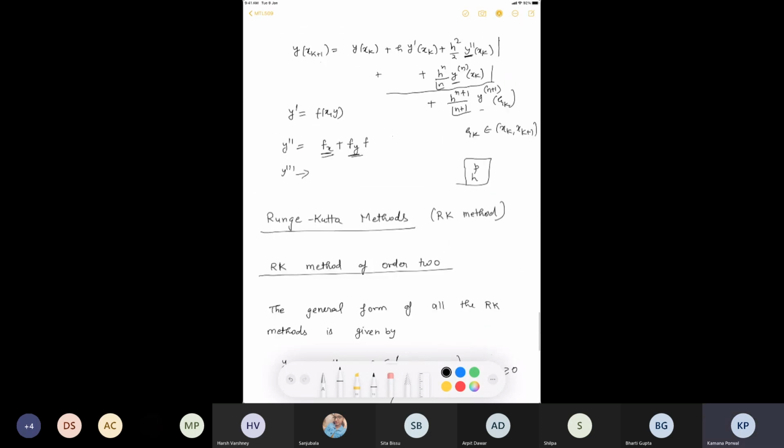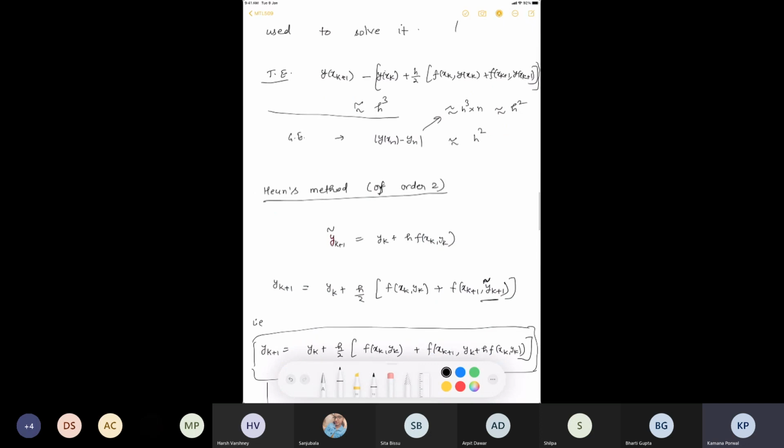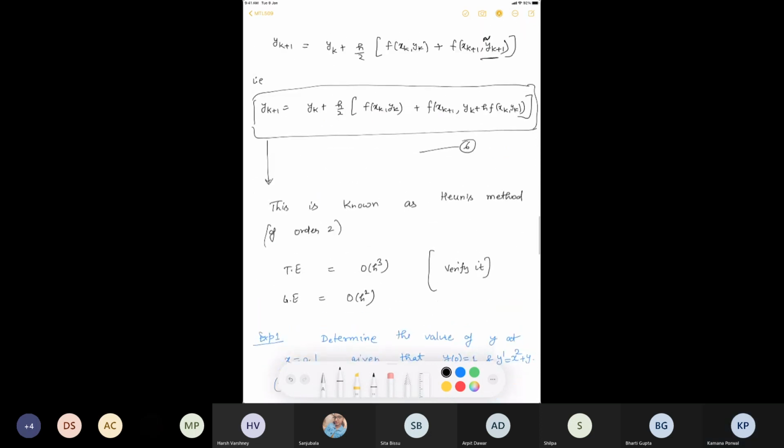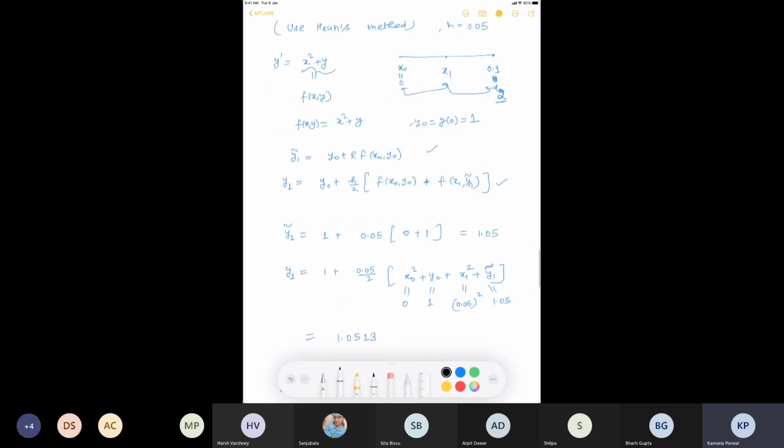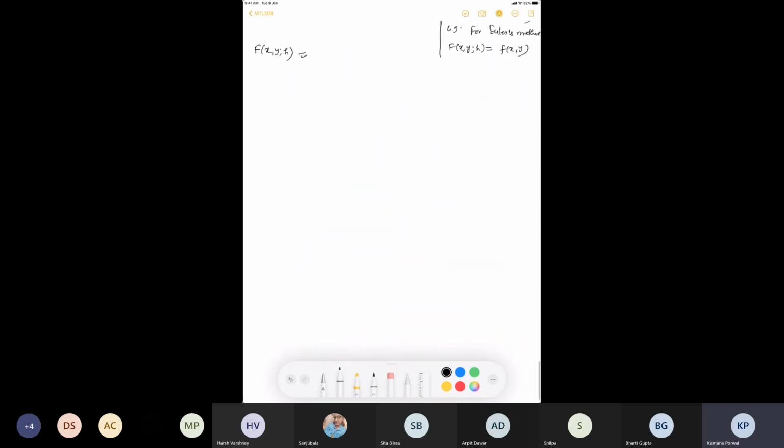In the modified Euler's method we had an average slope, but that average was just between 2 points, and we took the coefficients as 1/2 times f of x_k, y_k plus 1/2 times this term. Here we are going to take general constants.